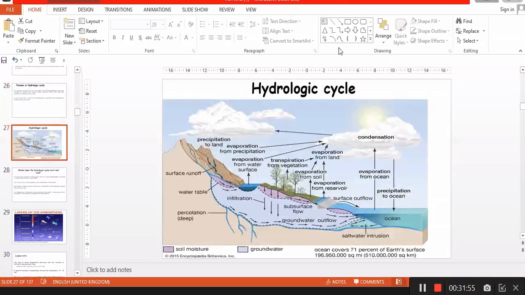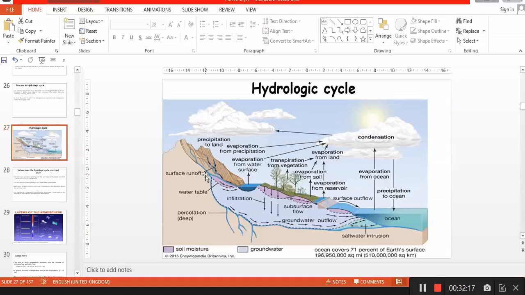So we will move to this one. You see, this is the hydrologic cycle. Don't worry about this, right? We have studied everything: evaporation, precipitation, surface flow, groundwater flow, infiltration, water table, subsurface flow, precipitation, evaporation. So we have covered everything.